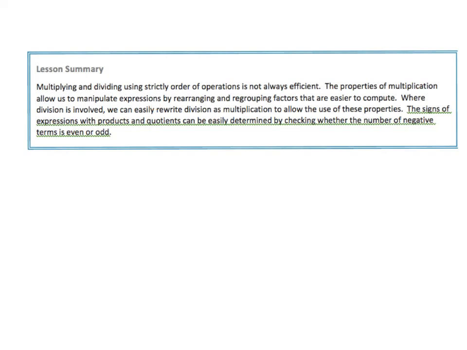So you have to make sure that you look to see if you want to use the commutative, the distributive, the associative, and then always go back and decide whether or not your answer is going to be positive or negative. And one way to do this is look, if there is an even number of negative factors, it's going to be positive. If there's an odd number of negative factors, your answer is going to be negative.